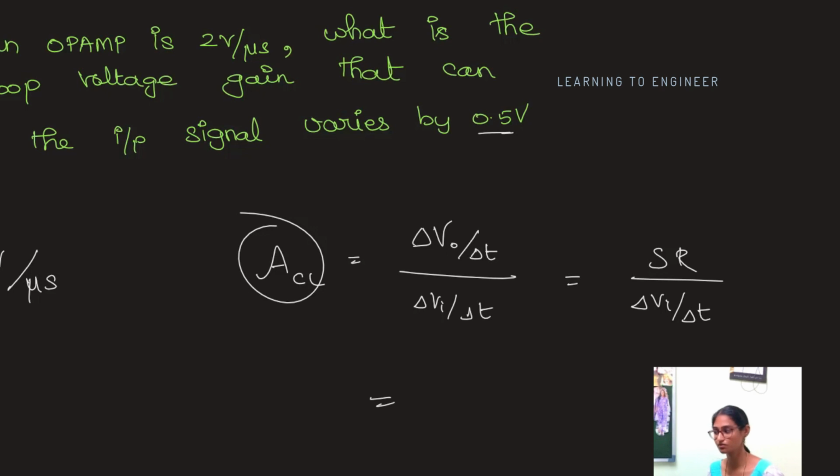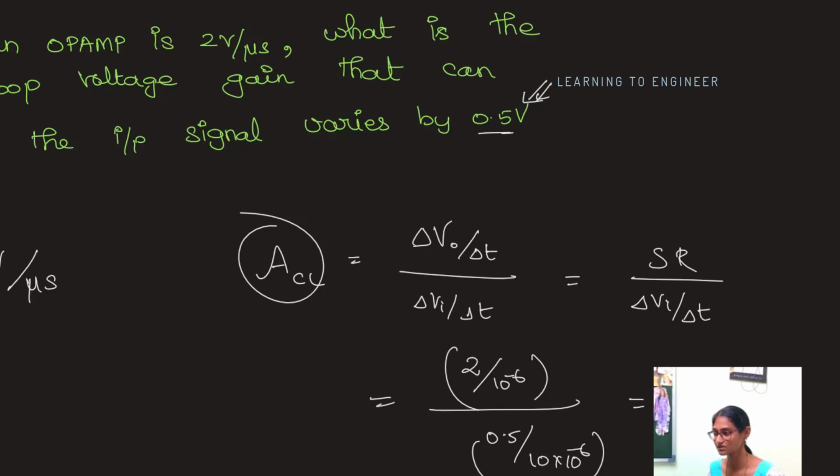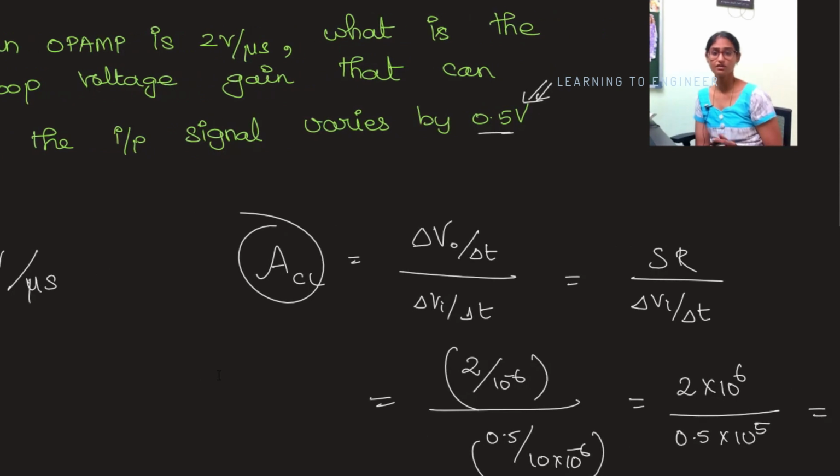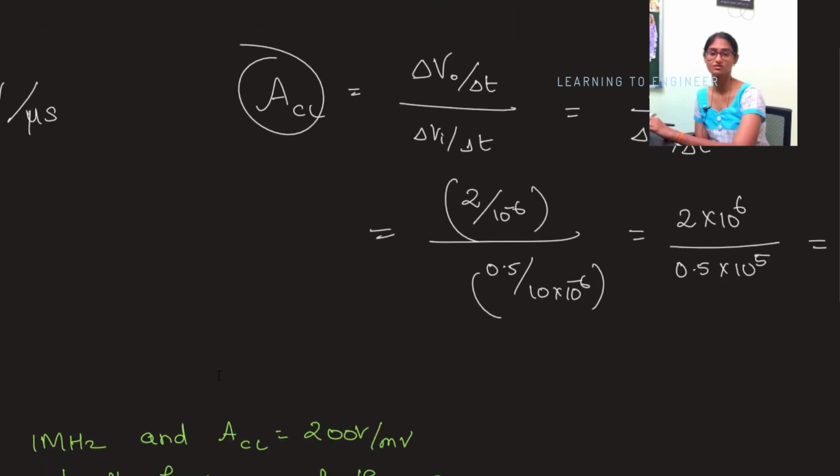If we substitute, we get 2 divided by 10 to the power minus 6 as slew rate, whole divided by the input signal variation, which is 0.5 divided by 10 into 10 to the power minus 6. The gain is 40 volt per volt, which is the closed loop gain of the op-amp. Now we'll look at one more problem in this concept.